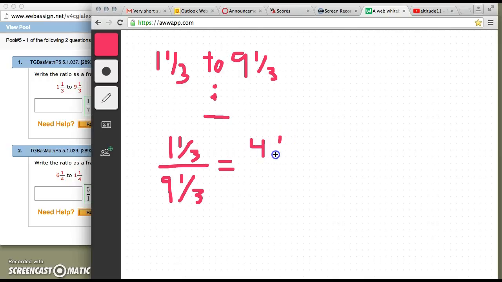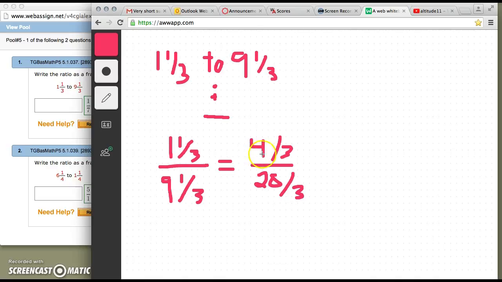So that's the same thing as 4/3 in our numerator, divided by, we have 9 1/3 in our denominator. So take your denominator of 3, multiply it by 9. 3 times 9 is 27. Add your numerator. 27 plus 1 is 28. So we have 28 all over 3.